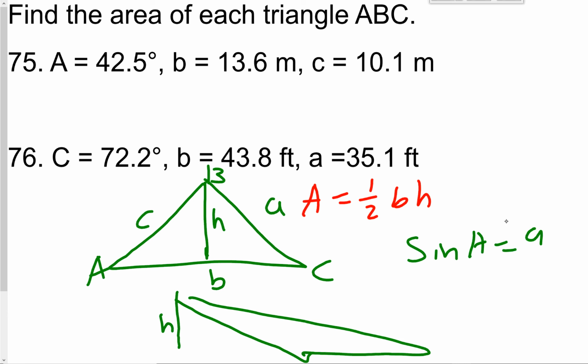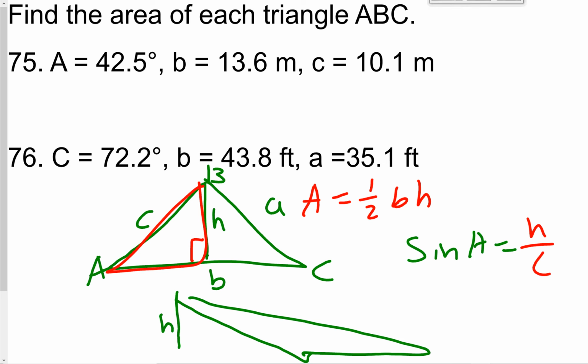What I'm really looking at is not the big triangle, but the little triangle right here. Because the height makes a 90 degree angle, I can use opposite over hypotenuse. So opposite would be h over the hypotenuse, which would be little c.